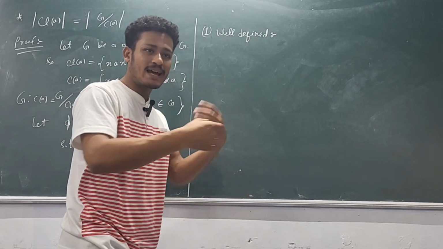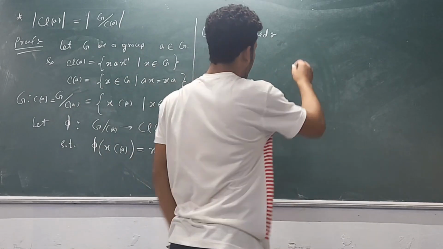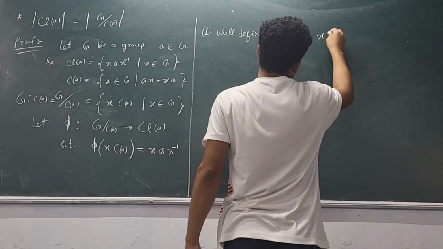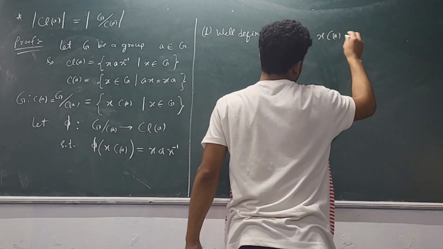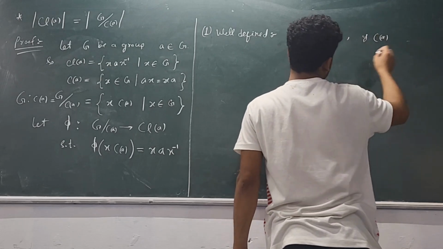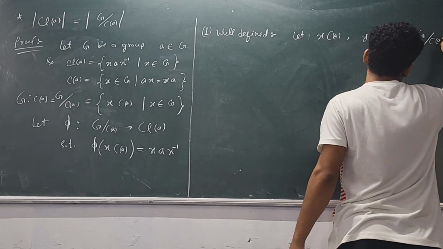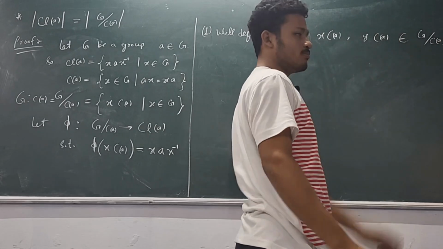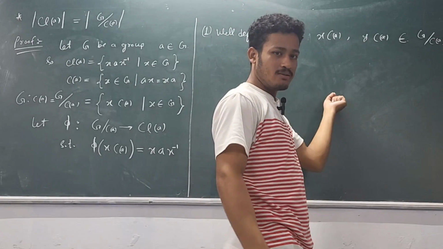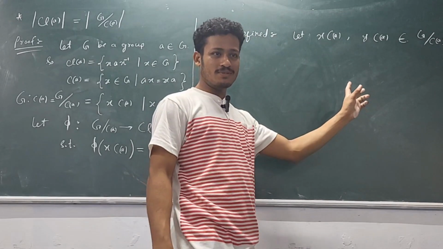Let XCA and YCA be two left cosets belonging to the group G by CA. We take two elements in the domain and assume that these two elements are equal. Then we have to show the images are also equal. Then it is well defined.